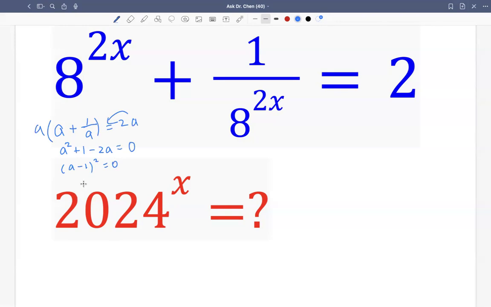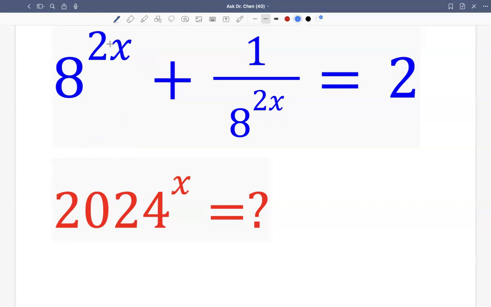So that becomes this. We want to use this knowledge for this one. If we're treating a raised by x, that's something related to this. Let's rewrite this.